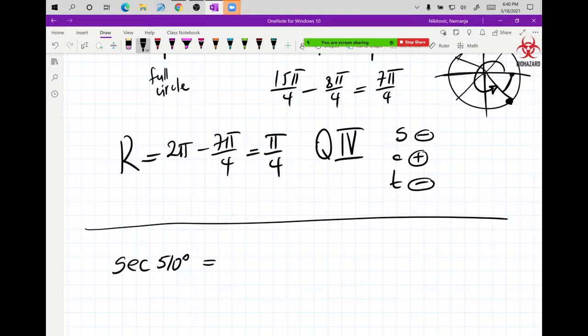Excellent. So that will be our final step, right? So let's figure out everything that we can and convert this angle down to the reference angle, and then we're just going to use exactly that.